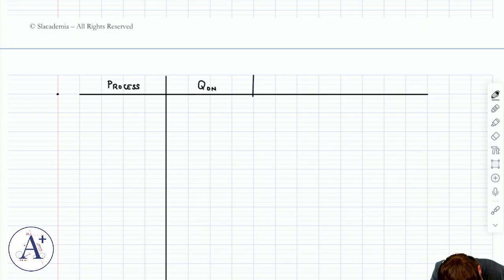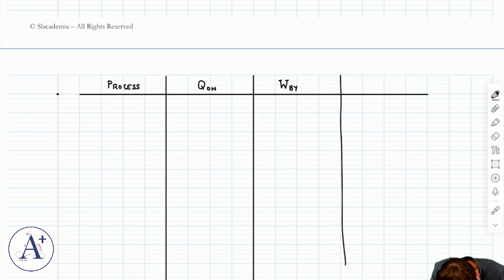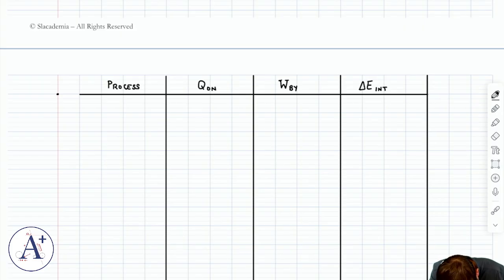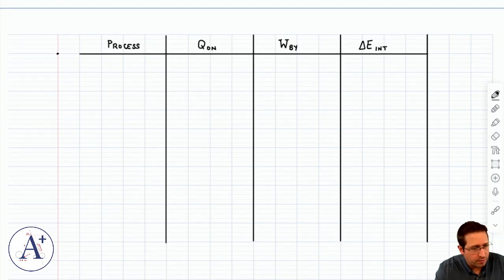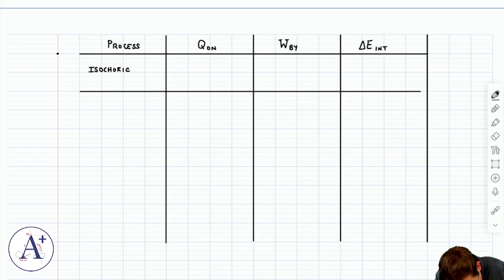So what are the 4 processes? Well, there's no particular order, but we'll start with isochoric. Isochoric or isovolumetric is constant volume. Then there's going to be isobaric, which is constant pressure.